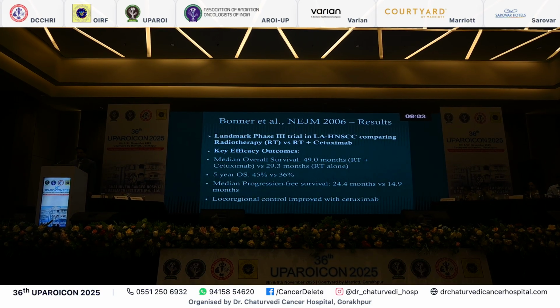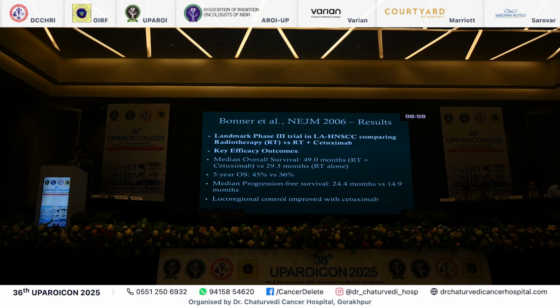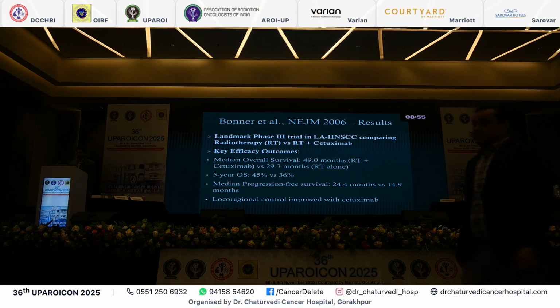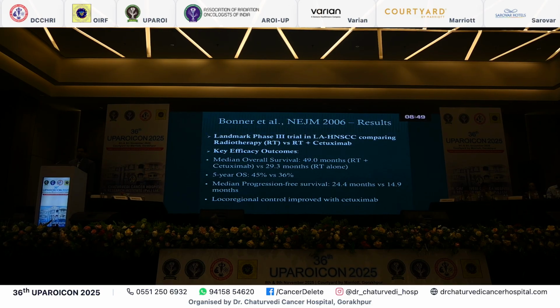And the 5-year overall survival was 45% versus 33%. And median progression-free survival was 24 months versus 14.9 months, and locoregional control improved with the cetuximab.